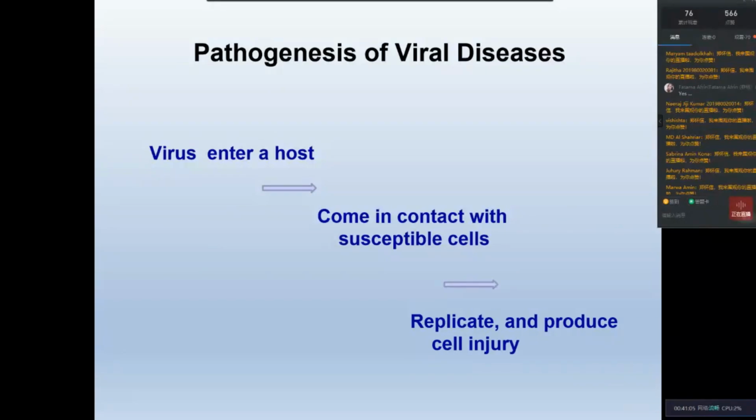A virus needs to infect a certain type of cell, and on that cell there must be a receptor to recognize the virus so that the virus can adsorb to the cell surface to start infection. Those cells we call susceptible cells. And then the virus will replicate, produce cell injury and cause disease. So this is a general procedure for viral infection pathogenesis.